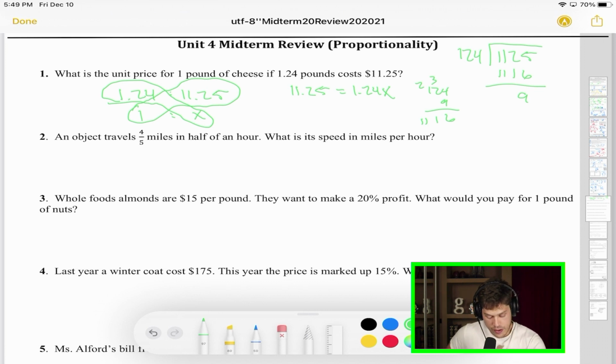So we have 9 point. So bring down a 0. And then bring down another 0. So 124 goes into 900. Hopefully that's an even 5 times. Are we so lucky that 124 times 5 is this value?